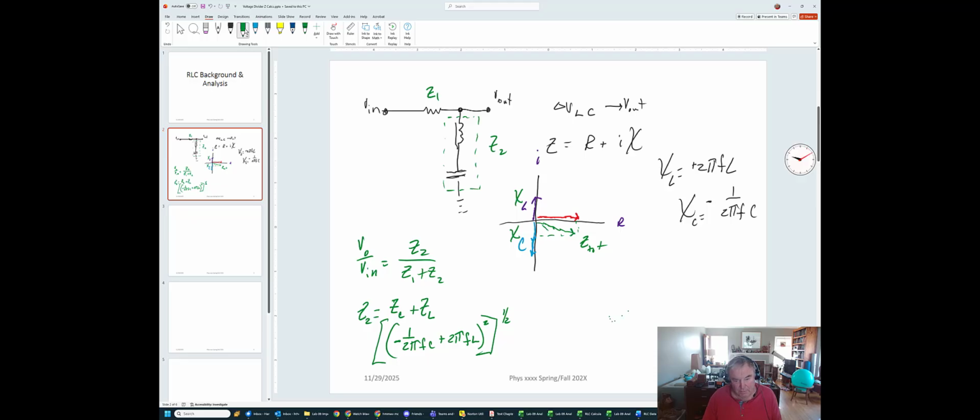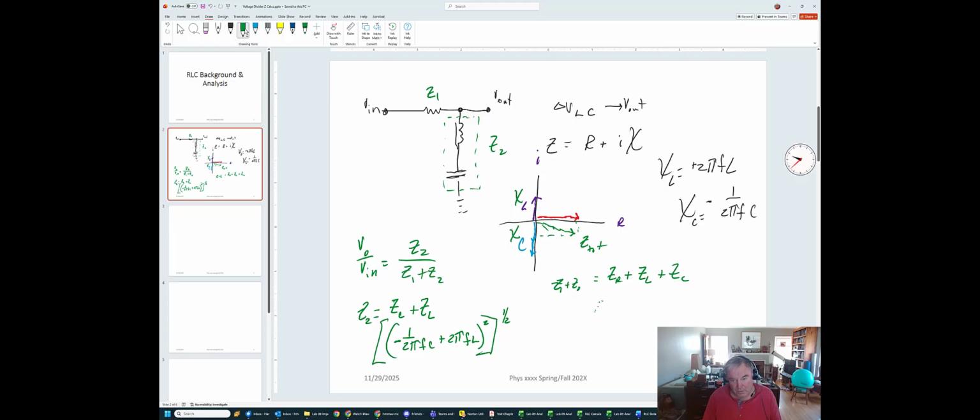Now, here's the tricky part. Now we need Z1 plus Z2, which is equal to ZR plus ZL plus ZC, but these are vectors.